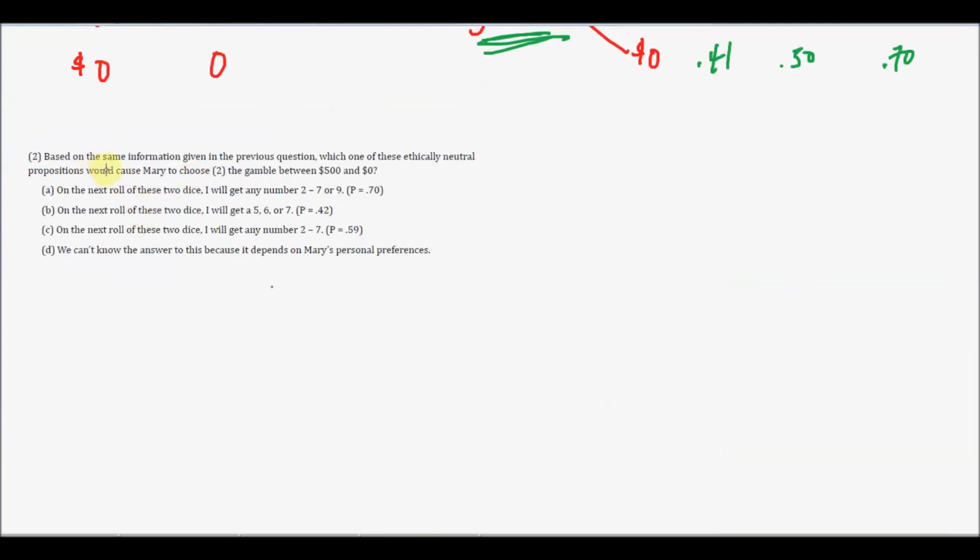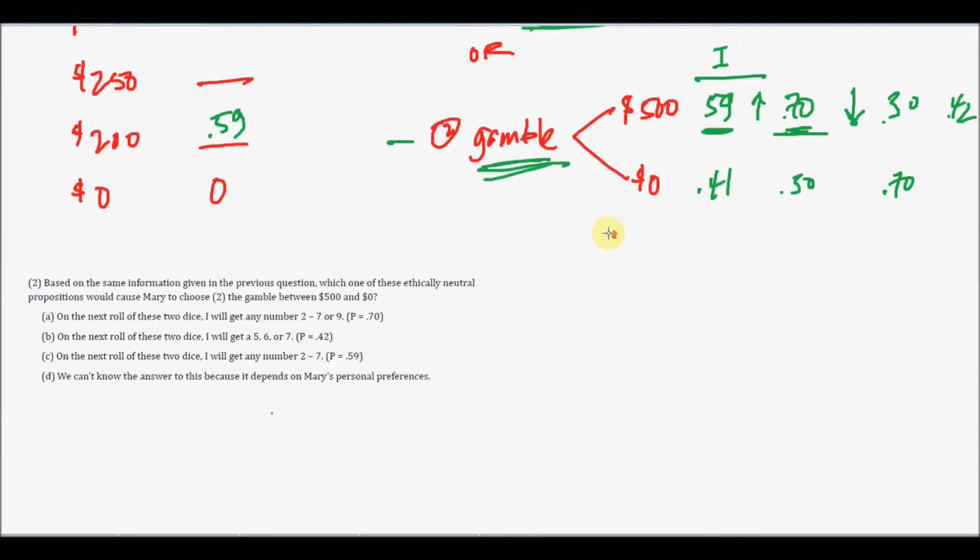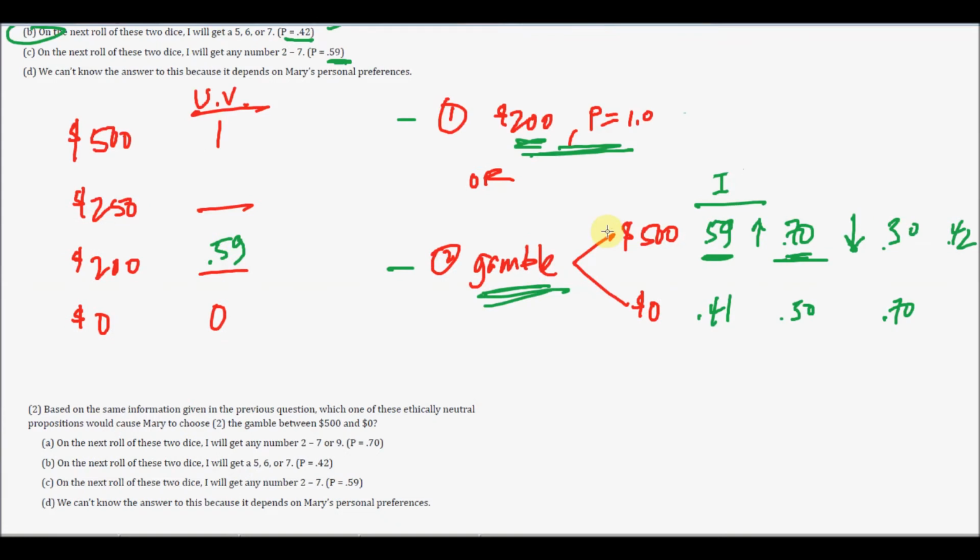Okay, next question. Based on the same information given in the previous question, which one of these ethically neutral propositions would cause Mary to choose the gamble? Okay, so again, we know just from what we said that starting from where she was indifferent, which was here, if the gamble gets riskier, she's going to take the option with certainty.